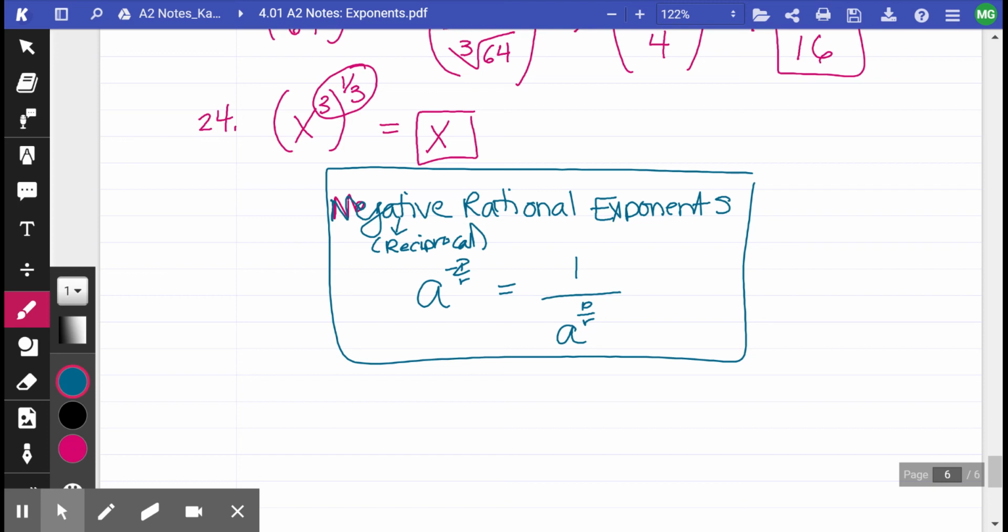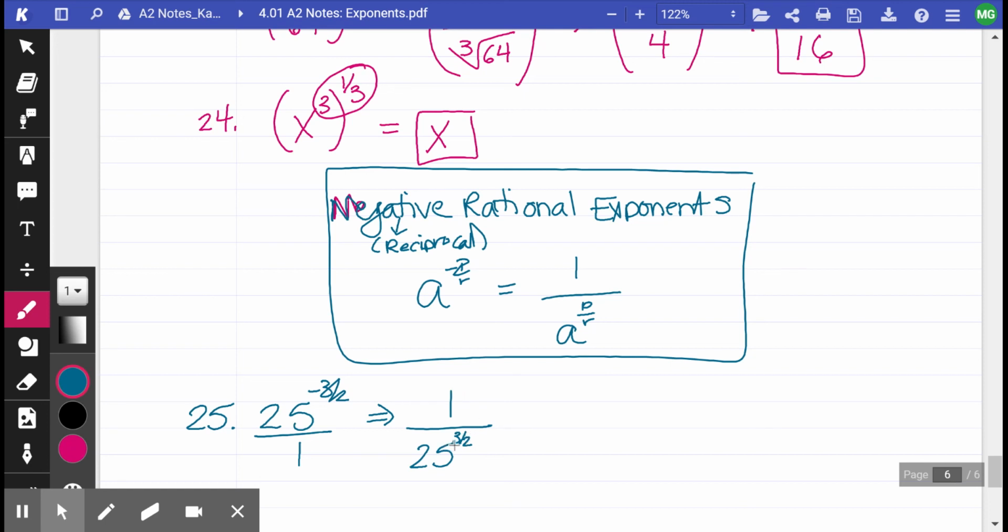So let's look at an example here. If I did 25 raised to the negative 3/2 power, the first thing I would do is get rid of my negative exponent. I like to usually start out by doing that. So that'd be 1 over 25 raised to the positive 3 halves, because right now it's in the numerator. So it would go to the denominator and become positive, but you're not flipping the exponent.